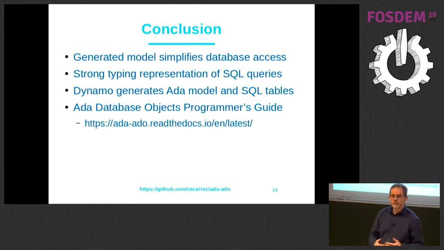And if there are problems, the ADA compiler will tell you, okay, you have changed this column type from integer to string, for example, and your application will not compile anymore. So that's for the ADA part, it's very clear.